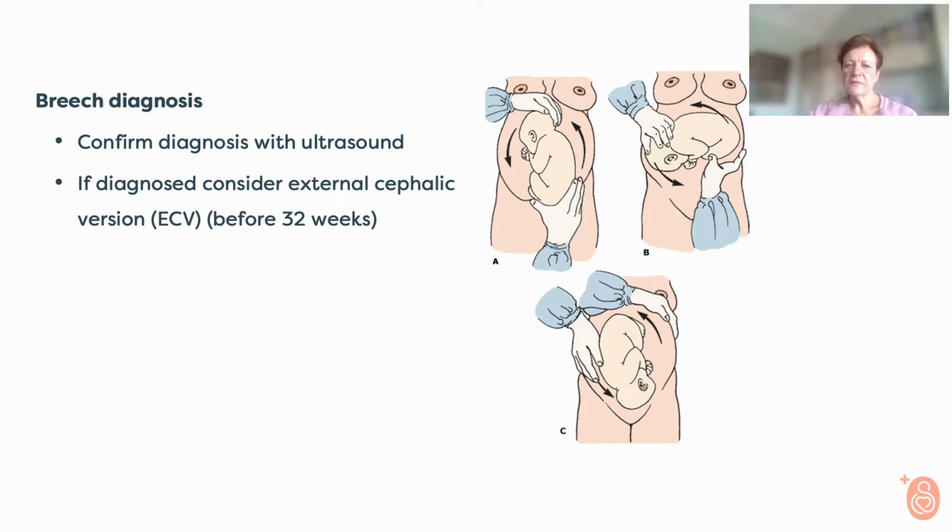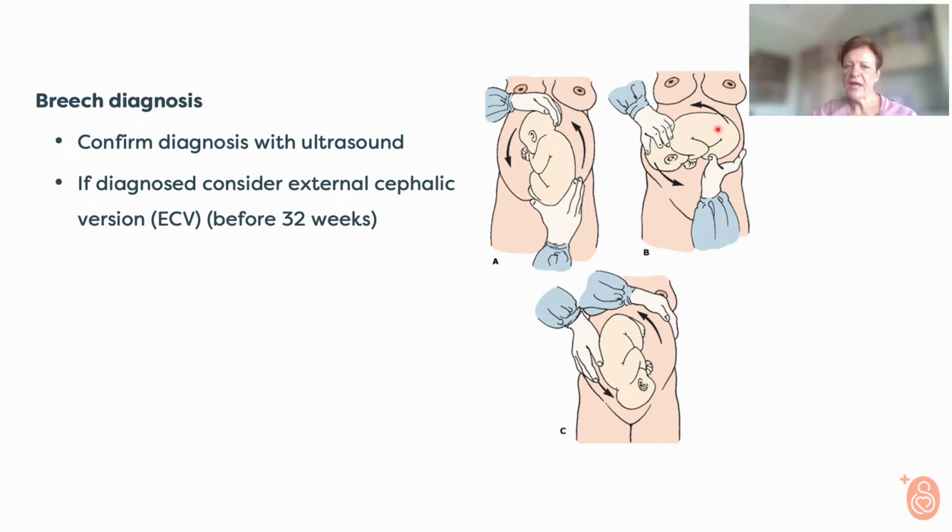Now, a breech diagnosis can be confirmed with ultrasound. And if it has been confirmed during pregnancy, an external cephalic version can be done before 32 weeks to change the breech presentation to a cephalic presentation.